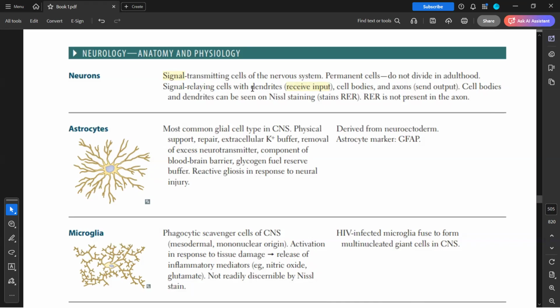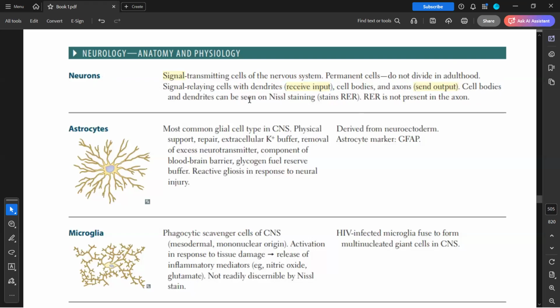I send my message through dendrites, and dendrites will then send the message through the cell body to the axons. Axons will go to my arm and tell my arm whatever I need. So this is how it goes. You need to remember dendrites, cell bodies, and axons. Pretty simple. Neurons just consist of three structures.